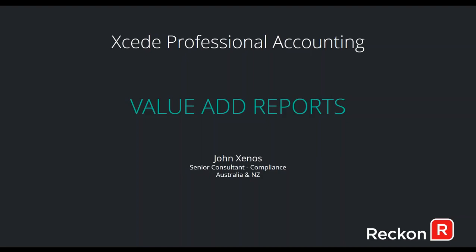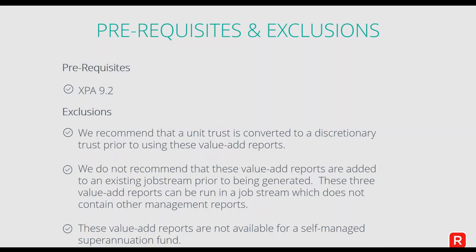It's better that these value-add reports are run in a separate job stream, which does not include any other management reports. The reason for that is the margins do get played around with as we generate new financials. Also to note, the value-add reports are not available for a self-managed superannuation fund.